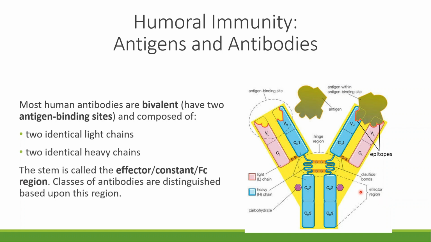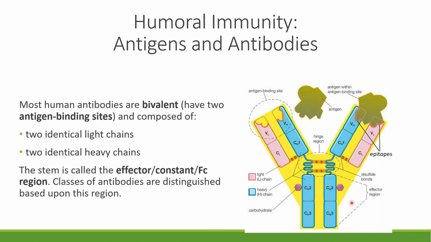The stem, which is here at the base of the antibody, is called the effector region, or the constant region, or sometimes the Fc region. Notice it doesn't change from antibody to antibody. The shape up here at the antigen binding site is what's changing.